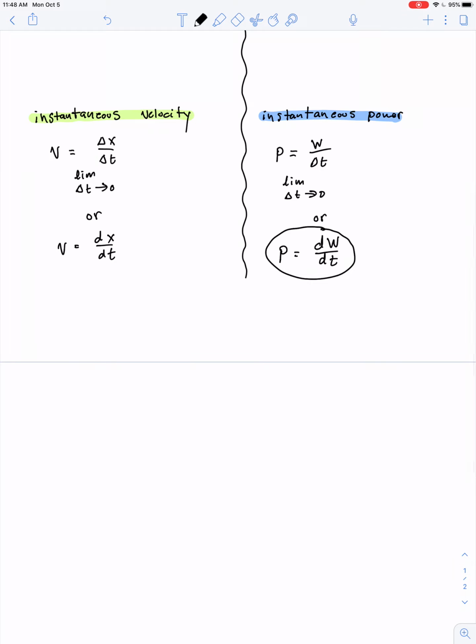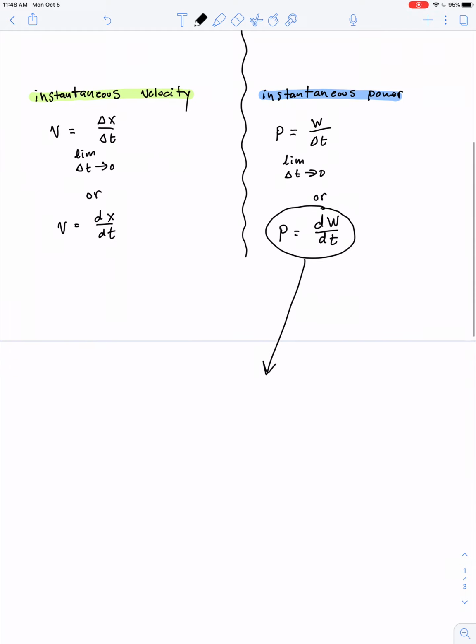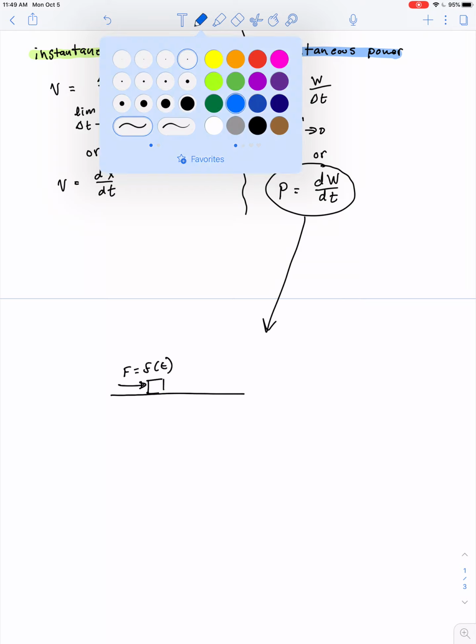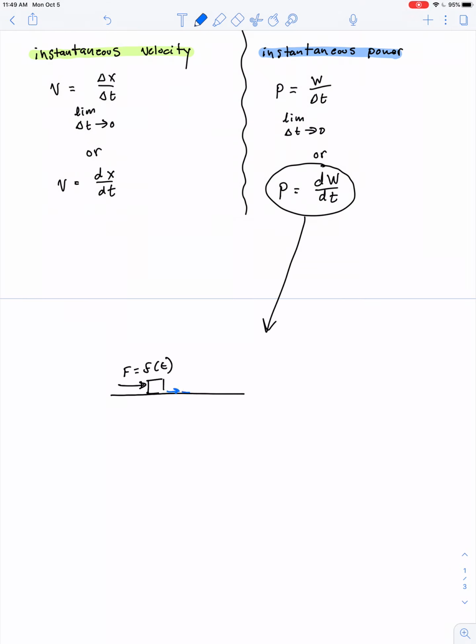Now let's take a closer look at this. Let's say an object is being pushed by some applied force, but that force might vary with time. Then to find the work done, we divide the displacement up into a bunch of little incremental bits, each one with a value of ds.